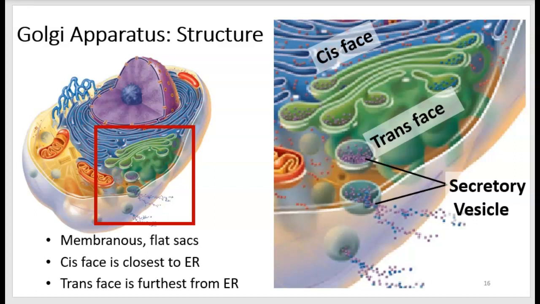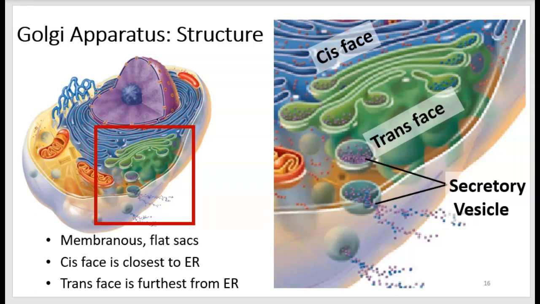When this happens, the proteins or the lipids in the vesicle move into the cistern of the Golgi, and they will then move throughout these adjacent sacs and be sorted and in some cases modified again by glycosylation. Finally, the sorted mature protein or lipid or both will be put into a secretory vesicle, because a secretory vesicle will bud off of the trans face of the Golgi apparatus.